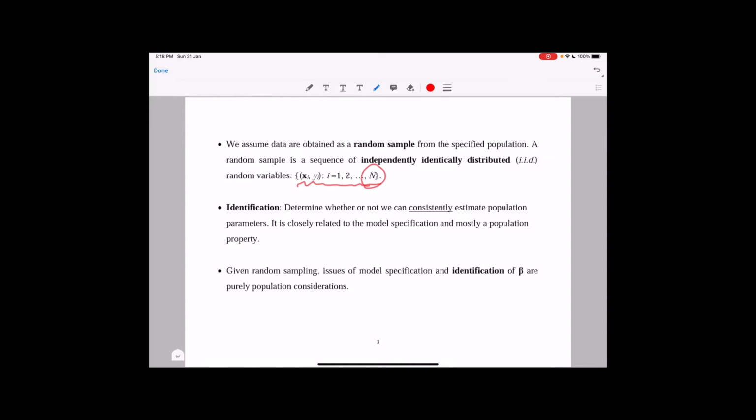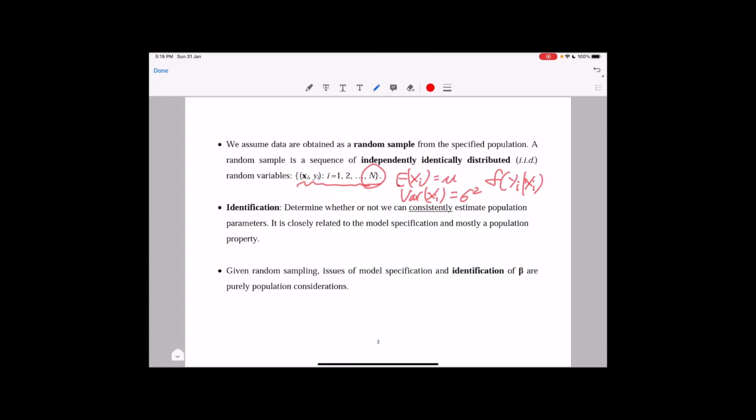So all their means E[X_i] will be a constant, all their variances will also be a constant, and all their distributions will be the same, because they are all identical. And that's what a random sample means.